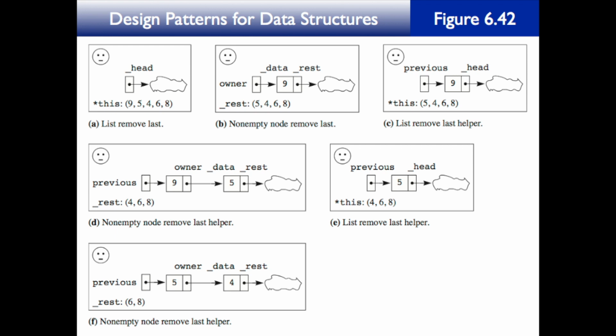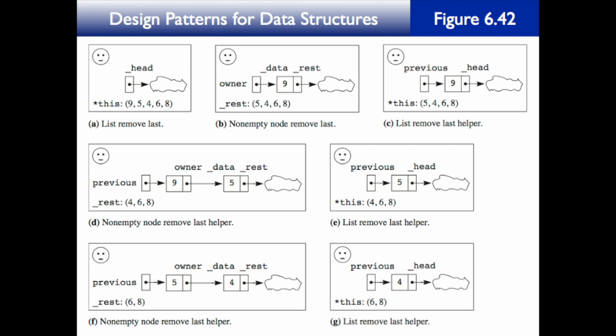So again, part G of the figure is the list remove last helper, and we are working our way down the list. So now compare part C with part E with part G, and then imagine what would happen once we get to an environment that corresponds to figure F. If we are empty, what needs to be done?